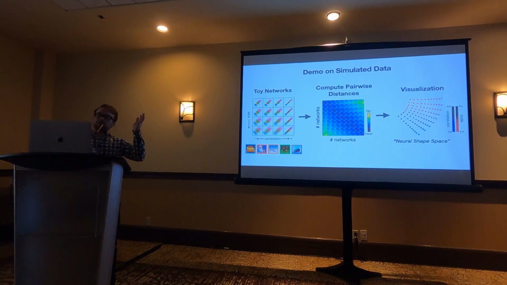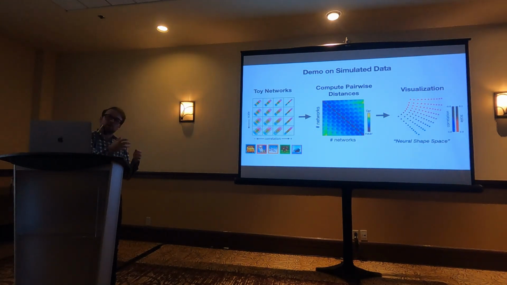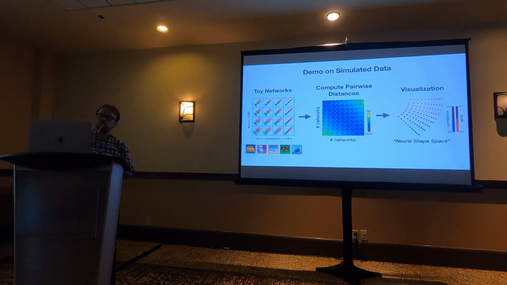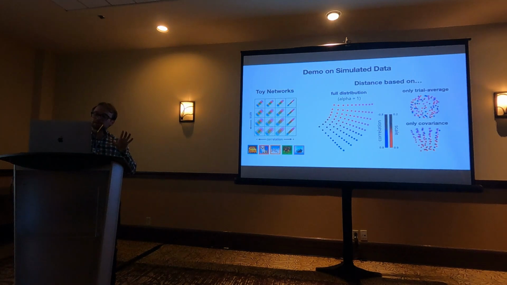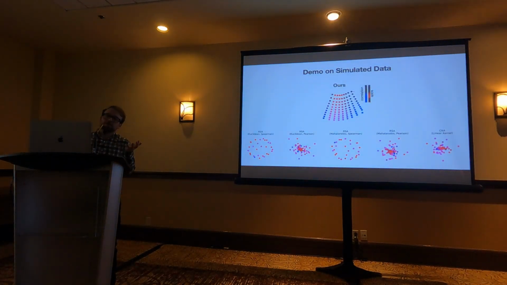And we get out a two-dimensional grid of networks, which corresponds exactly to this two-dimensional grid on the left. So we back out the differences across networks in terms of the scale of their noise as well as the noise correlation structure. And if you do this in any other way, if you use any existing method, by construction, they're never going to see this structure because they're only operating at the level of the trial average activity.